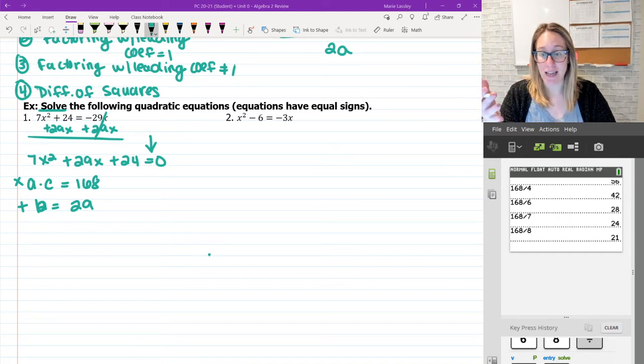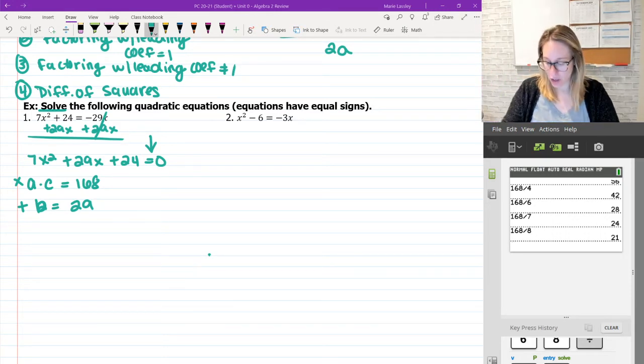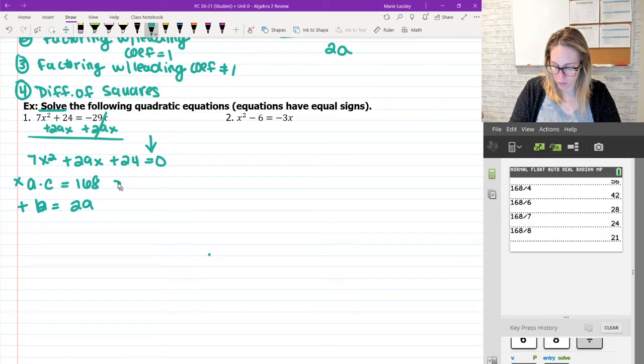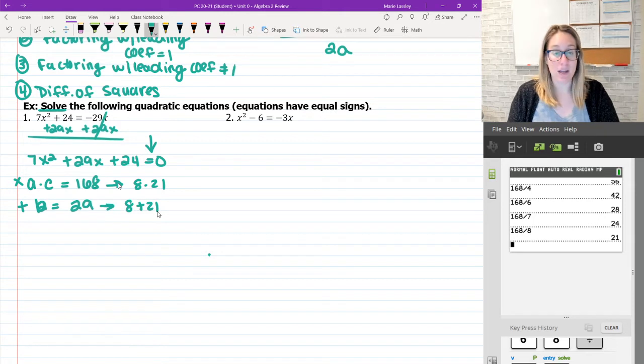And it looks like 8 and 21 both multiply to 168, and 8 and 21 adds to 29. So my two numbers that are going to work are 8 and 21. So 8 times 21 equals 168, and 8 plus 21 equals 29.